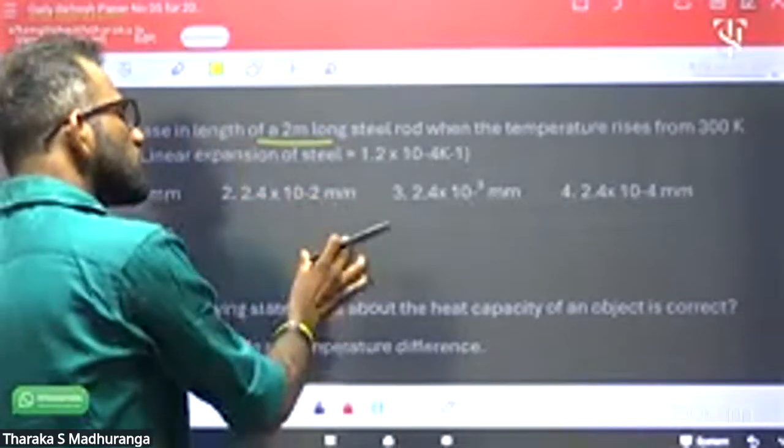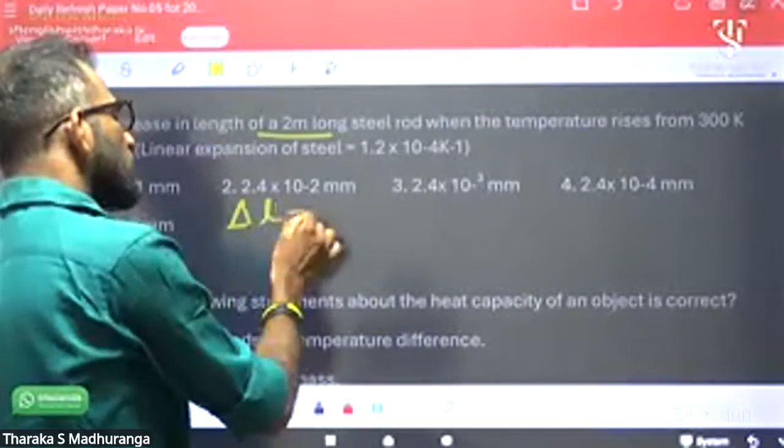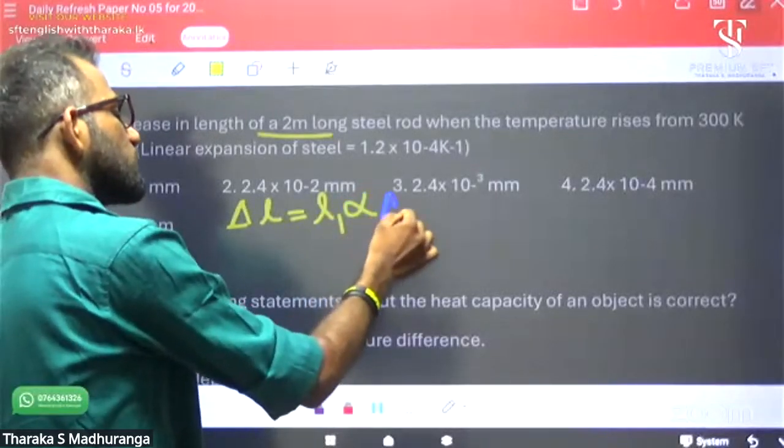Okay, what is the equation of linear expansion? Delta L equals, very simple, L1 alpha delta theta.